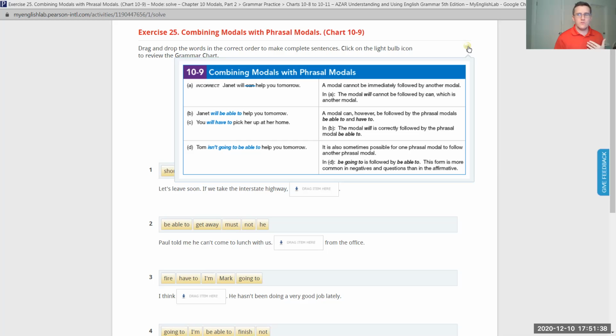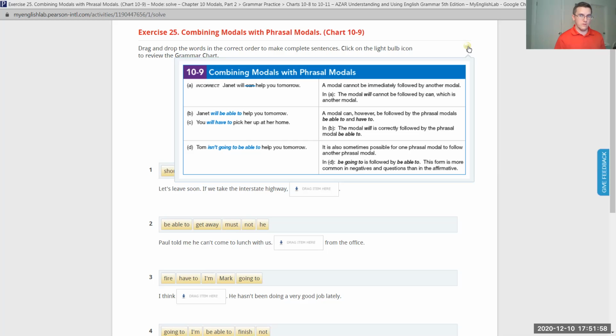So if I want to express the future, will, and ability, like can, this future ability, I have to find a different way to say this. I can use a modal with a phrasal modal. So in example B, Janet will be able to help you tomorrow.